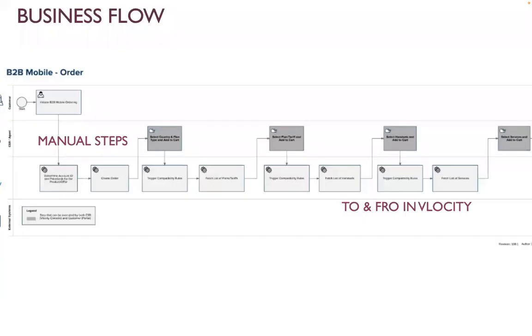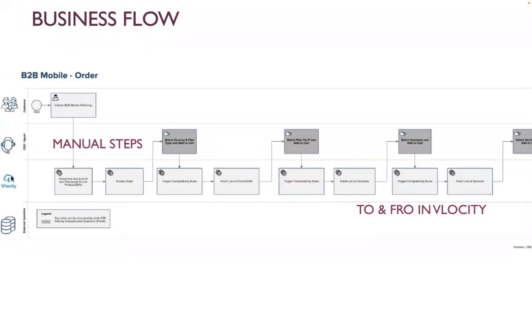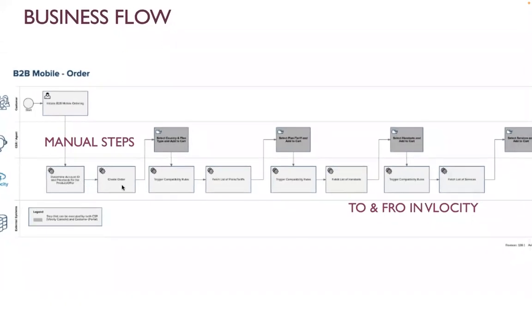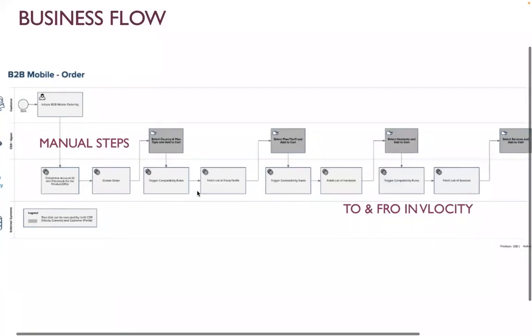you initiate your B2B mobile ordering. Then, as part of your Velocity or Omnistudio system, you determine the account ID, then we create an order, then the agent interacts with the customer and selects a plan and the country for which it is required.